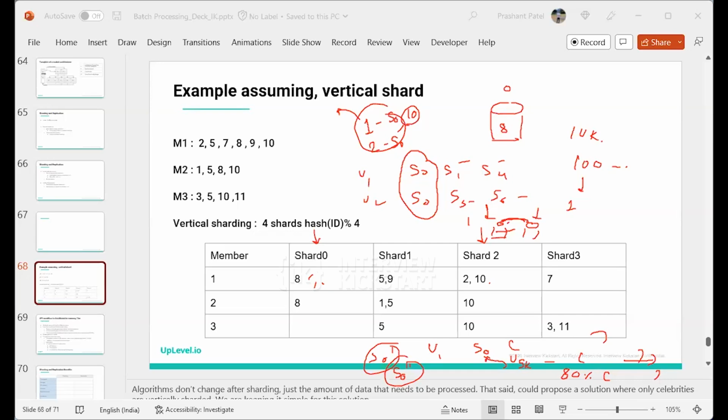My question was, while storing these values in the shards, we are storing the keys also, right? If we want to know whether this 8 belongs to M1 or not, it means we are storing the keys also along with the values. Yes, some metadata would be here, some bytes of data. The idea here is that we are trying to simplify the online system.